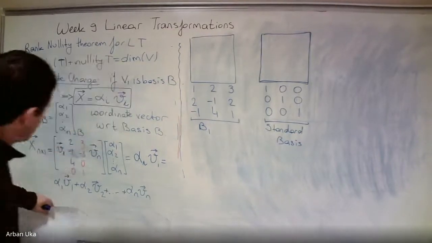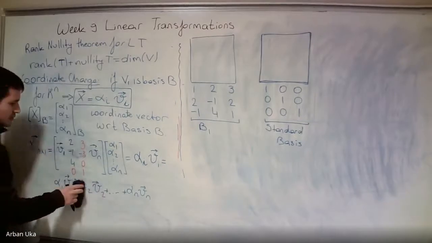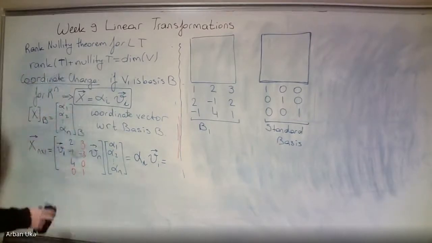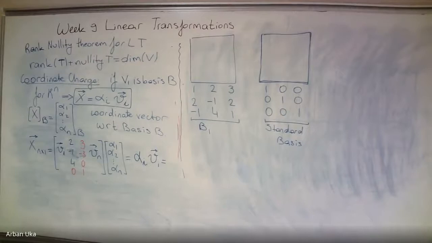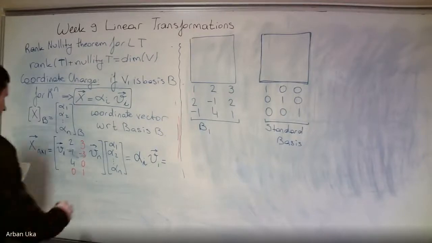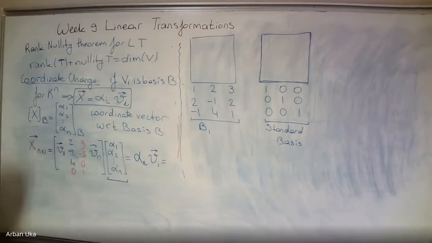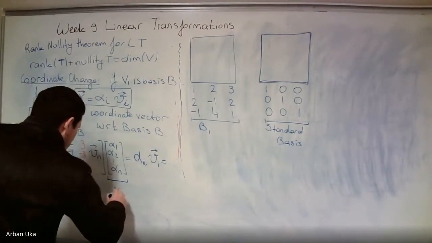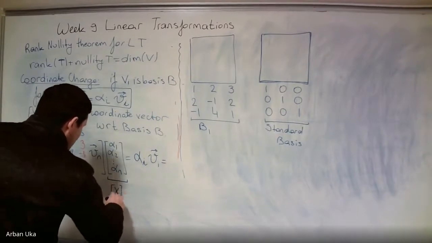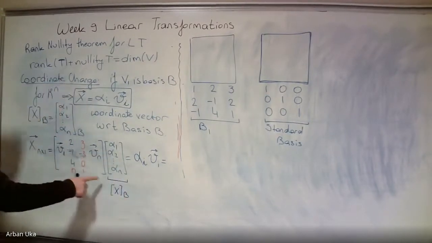Now, allow me to erase this part, because this is something that we clearly notice. But let's have a look for a moment at what this is. This in itself is a vector, okay? So how do we denote this vector? We denote it like this. This is x, the projection of x on the basis B, right?